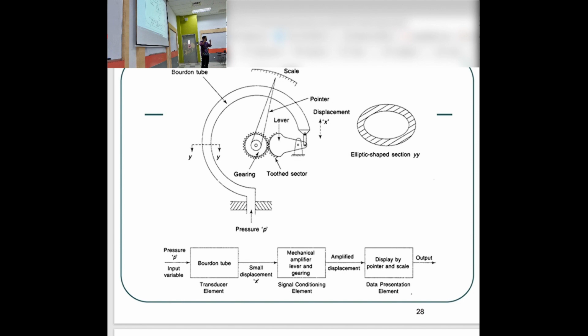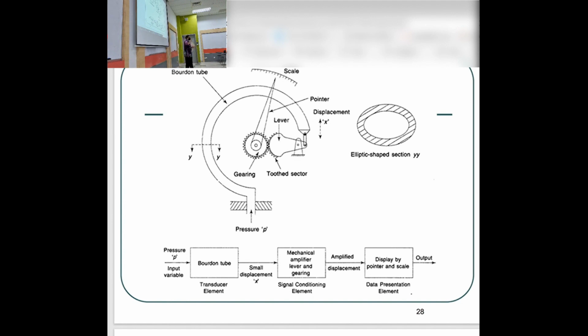One rotation equals 2 rotations, so it is amplified. Make sure that the needle, when a small pressure comes in, moves very fast, very quick, over a big range. Small input will give a large output.